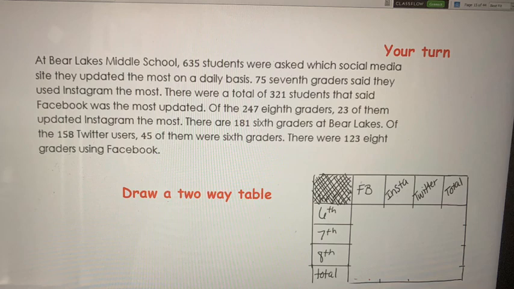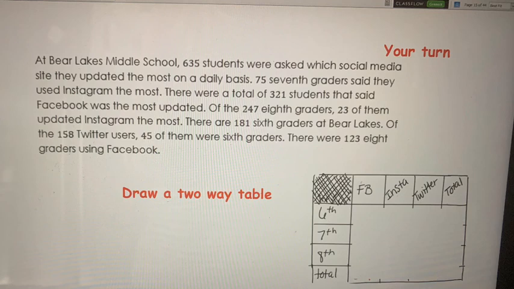It's your turn to make a two-way table. Let's read. At Bear Lakes Middle School, 635 students were asked which social media site they updated the most on a daily basis. 75 seventh graders said they used Instagram the most. There were a total of 321 students that said Facebook was the most updated.